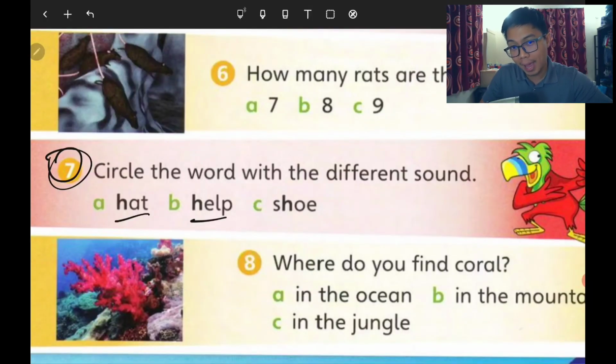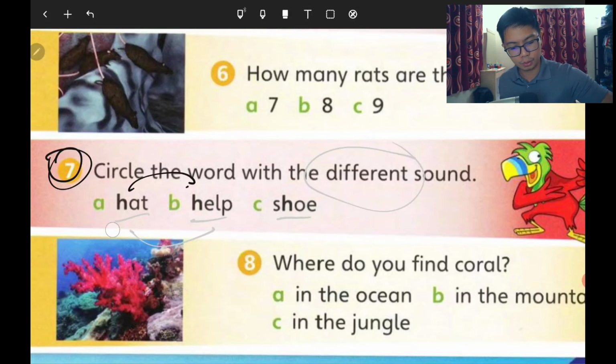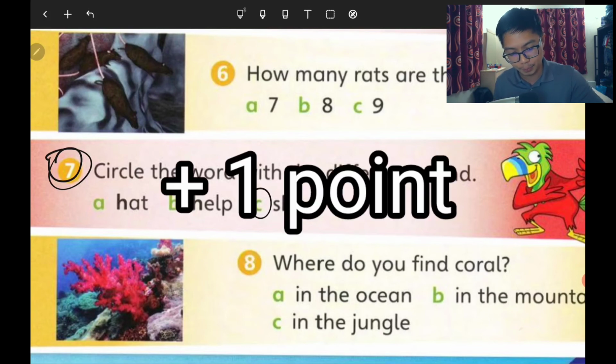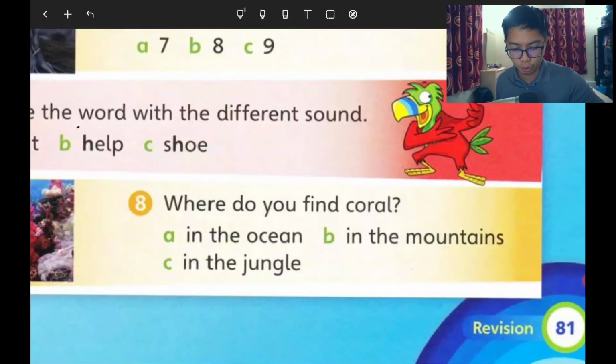Help, help. So this has the same sound, but we want to find the word with the different sound. Shoe, okay, different. So if you got the correct answer C, you have another 1 point. Next, move on to the last question.